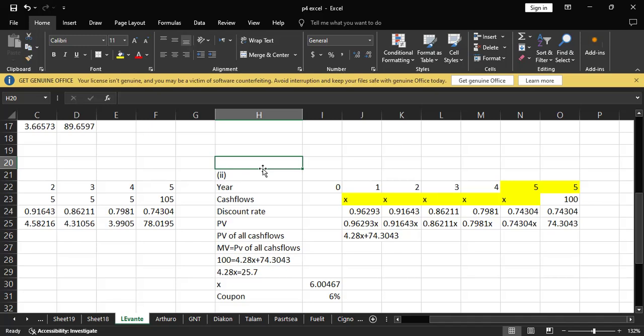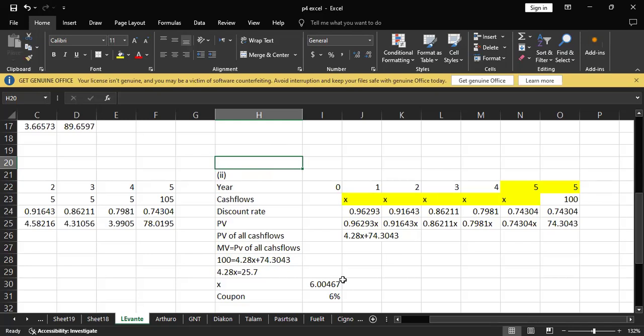And you know that the market value is equal to the present value of all the cash flows. In this question, we are assuming that the bond will trade at par value. So if the par value is 100, the equation will be 100 equals 4.28X plus 74.3043. So this will be the coupon. So this was all about your bond valuation.